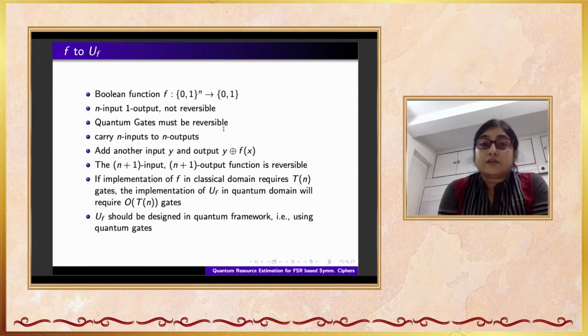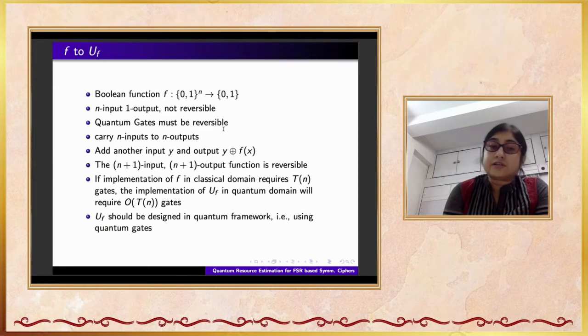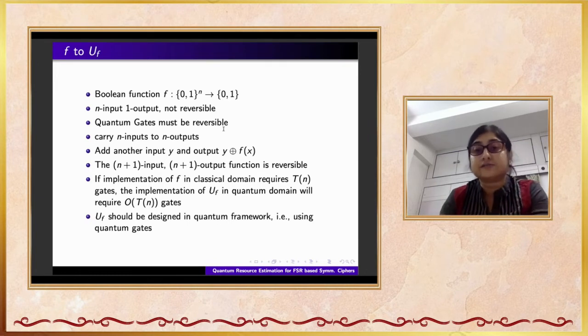Now, a Boolean function is a function which maps {0,1}^n to {0,1}. So it is an n-input, one-output function and not reversible. But in the quantum domain, quantum gates must be reversible. So we keep the n inputs as n outputs and add another input y and output y XOR f(x). Now we have n+1 inputs and n+1 outputs, and the function is reversible.